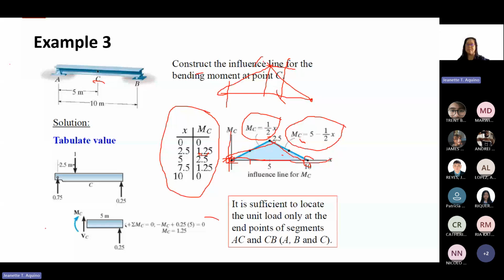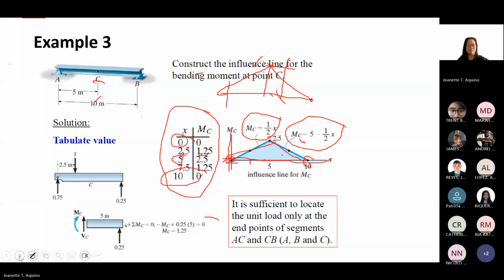You don't need to take 2.5 and 7.5. You already know that the end will be 0. Then you resolve for 5, and then we resolve for 10. Okay.